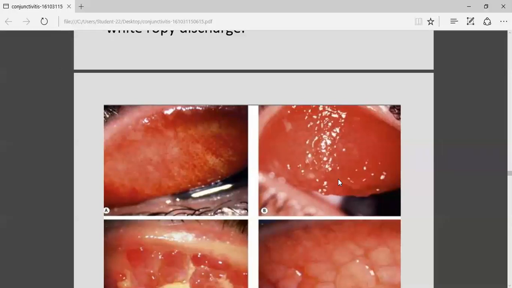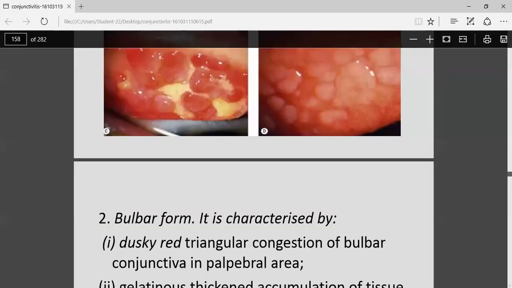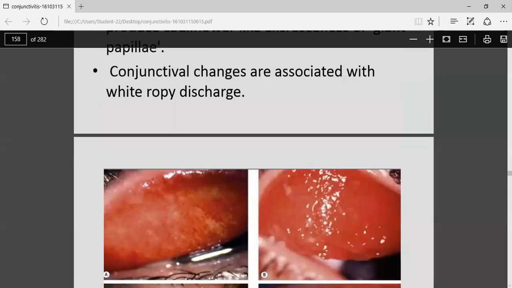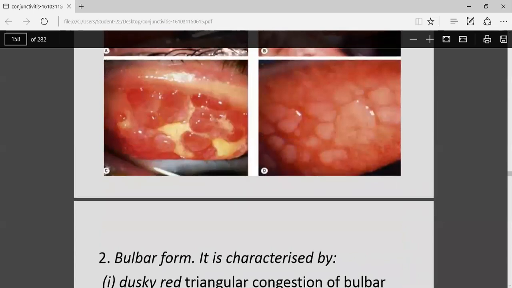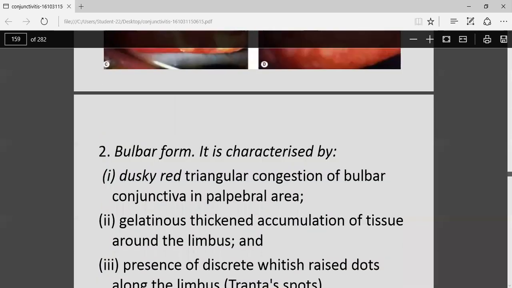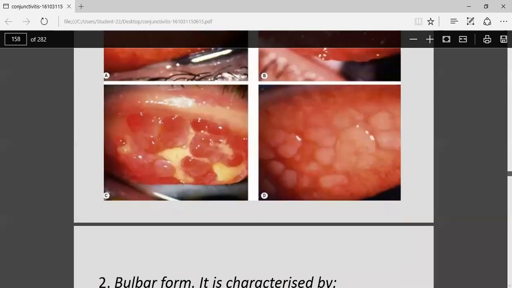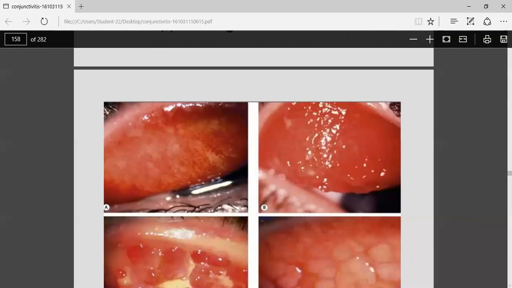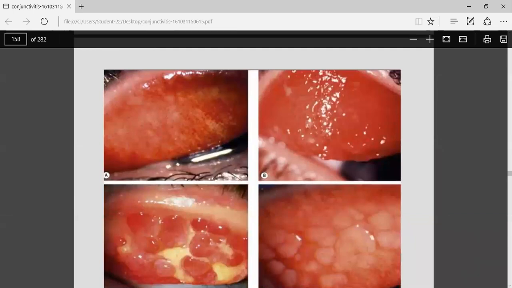You can see very clearly over here that, okay, now this picture is clear.